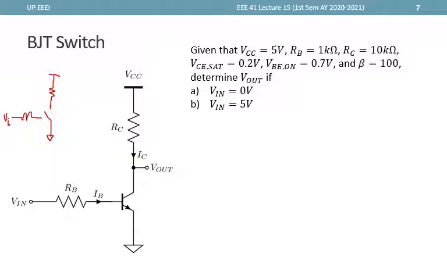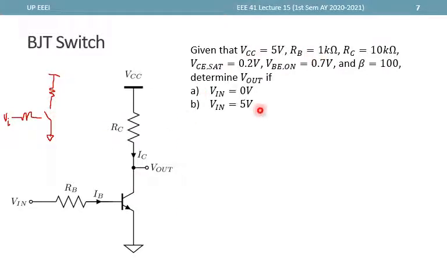So note that we normally use NPN BJTs to short the path to ground and PNP BJTs to short the path towards the supply. So let's see how this BJT will be able to act like a switch.